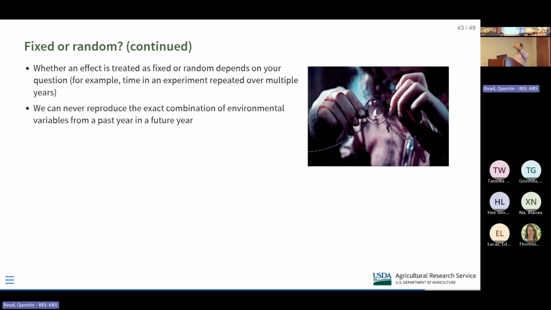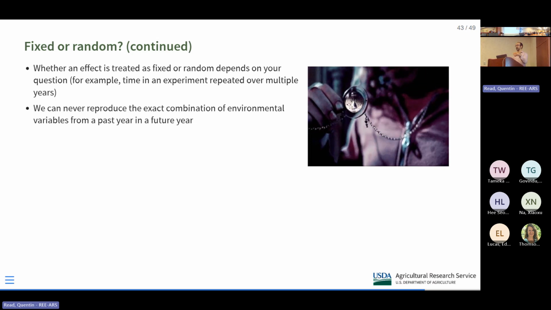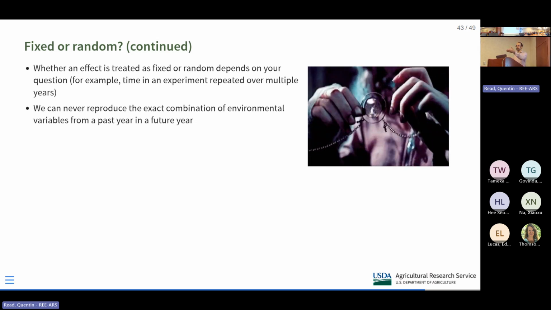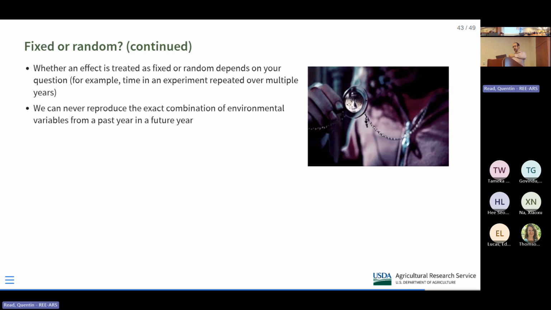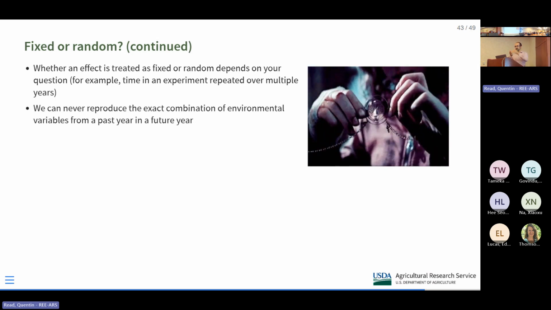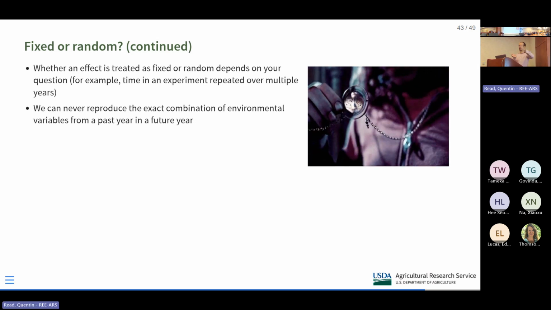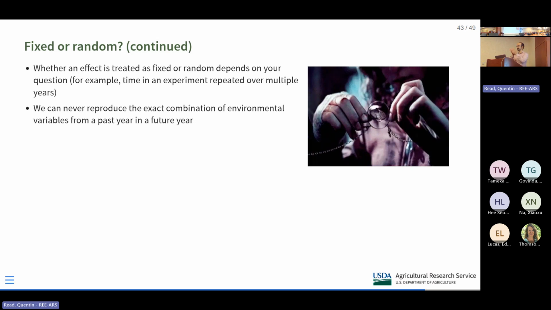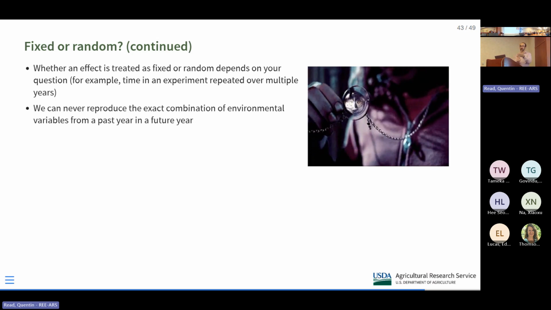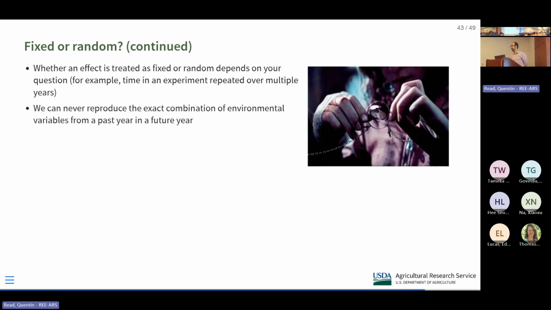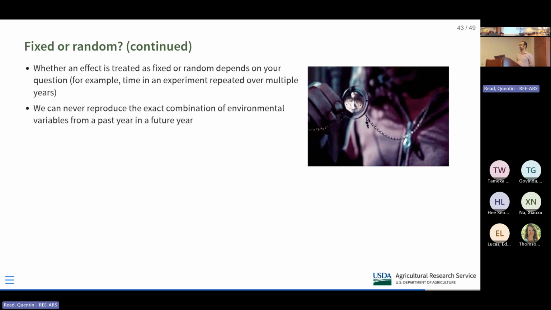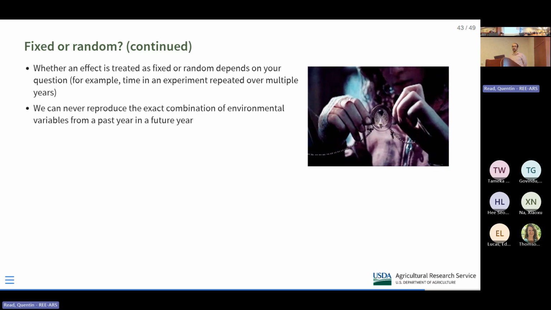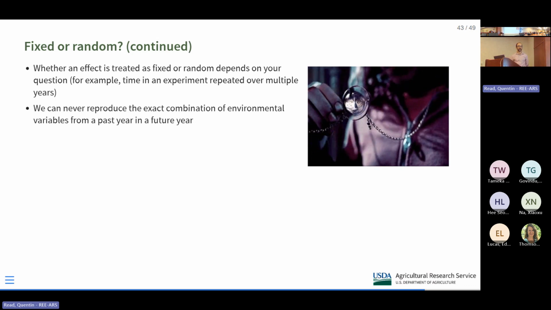If you're actually trying to estimate the effect of time, then yes, you would treat it as a fixed effect. But if you are just trying to measure that mouse multiple times to make sure you have a precise estimate of the metabolic rate, then the repeated measures within the same mouse would be a random effect.